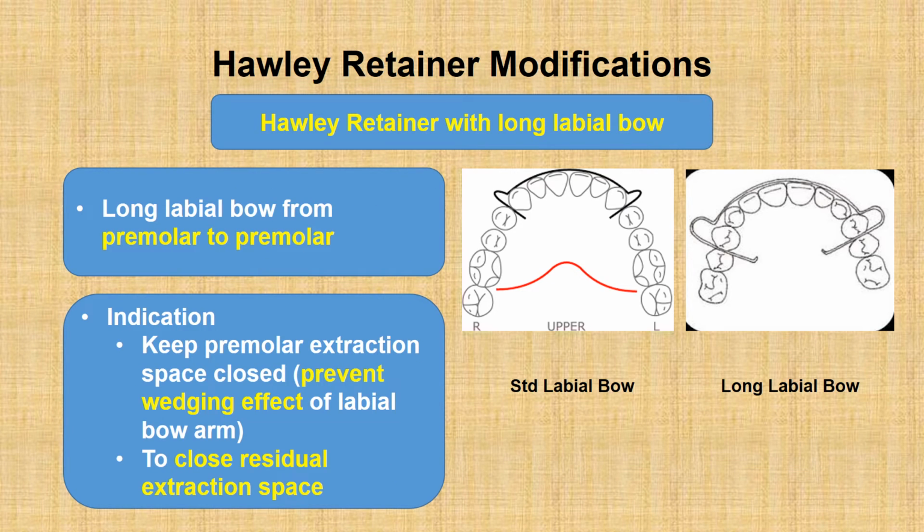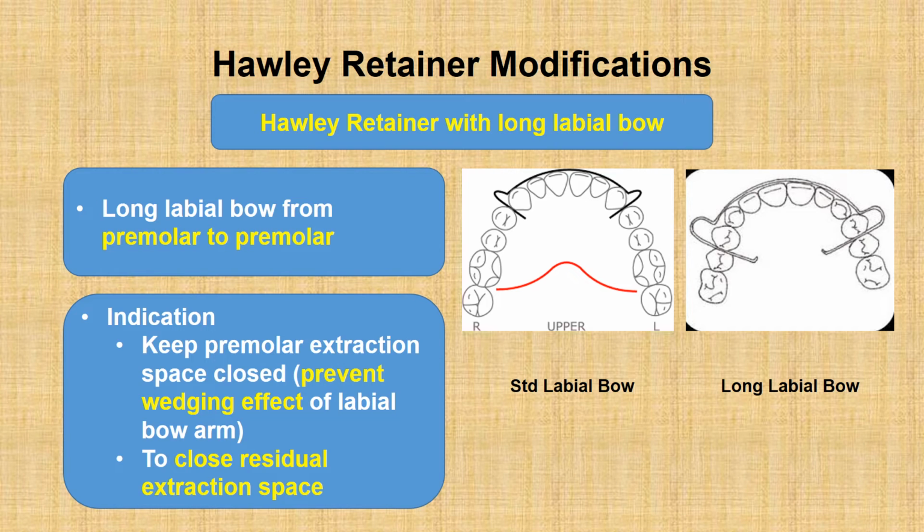Okay, now the other modification is, instead of a short labial bow from the canine to the canine, we can also put a long labial bow from the premolar to the premolar. Now, why would we want to do that?